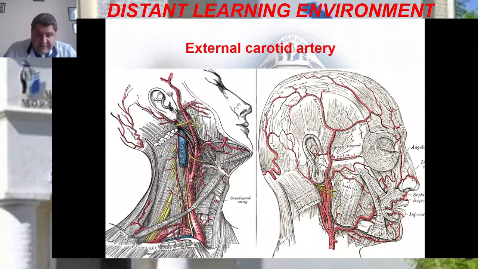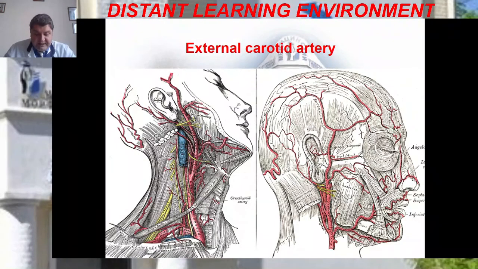And I repeat that this artery is drawn here on this picture. Next, the second anterior branch of the external carotid artery is the lingual artery. The lingual artery arises at the level of the greater horn of the hyoid bone, and you may see the hyoid bone here.